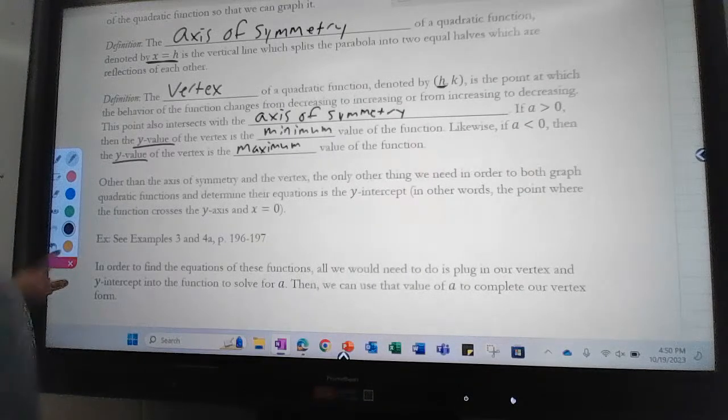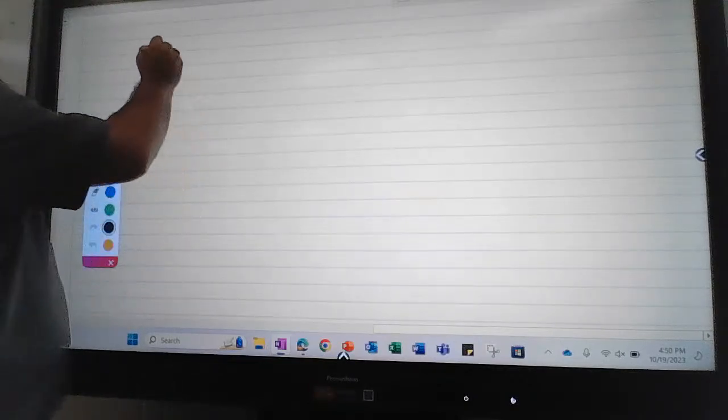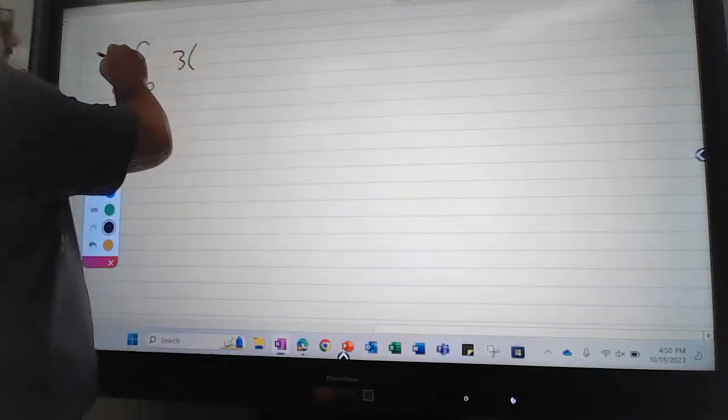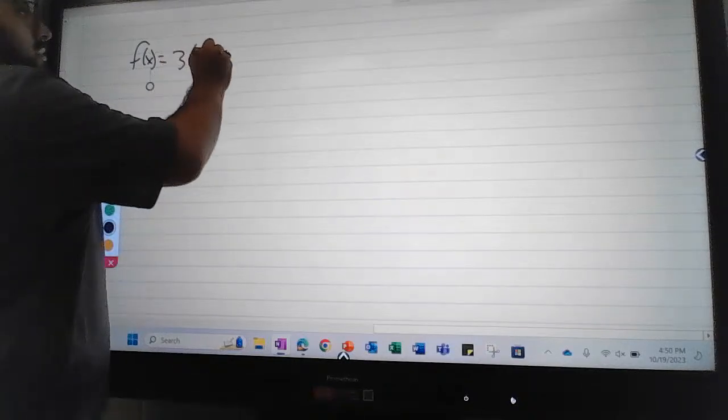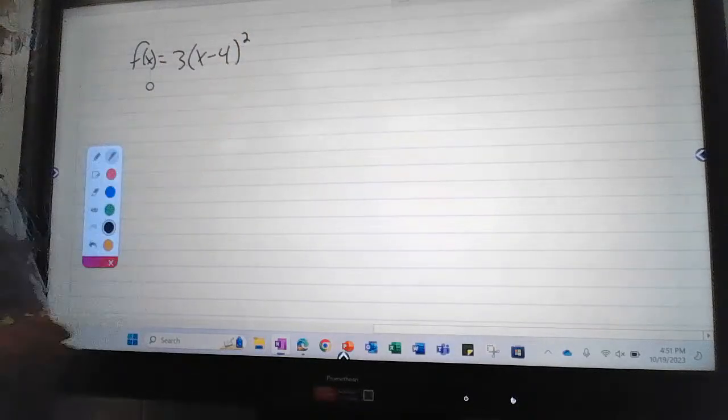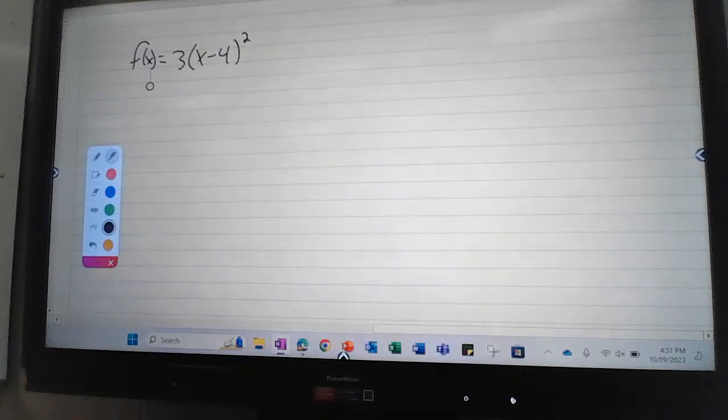Let's see. Bring this over here. All right, so here's my quadratic function. f of x equals 3 times (x minus 4) squared minus 2.